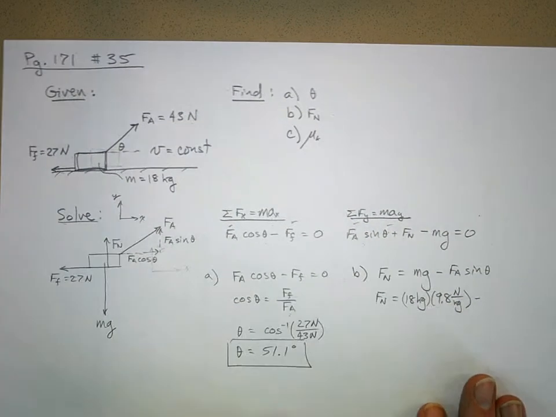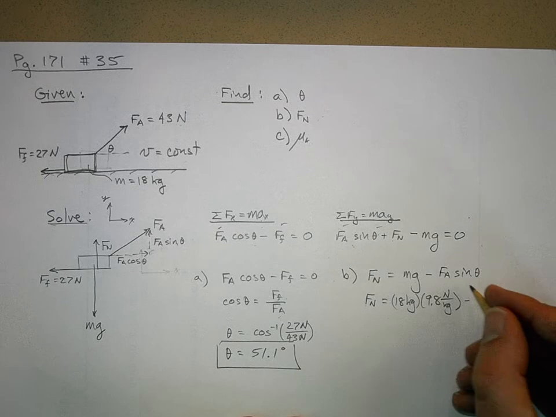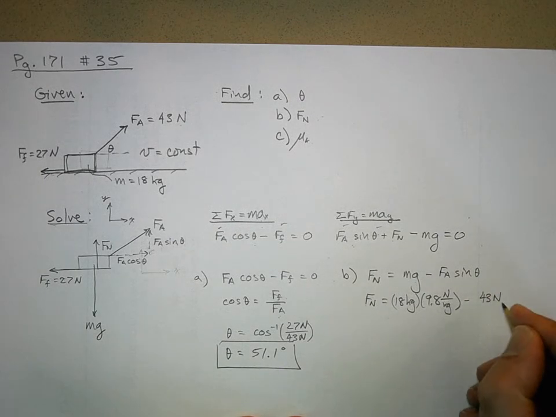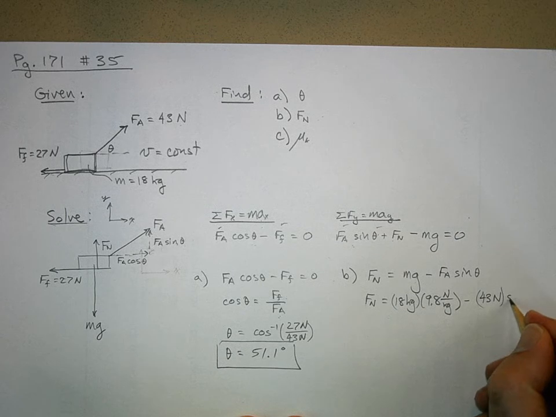Minus the applied force was given to be 43 newtons times the sine of 51.1 degrees.